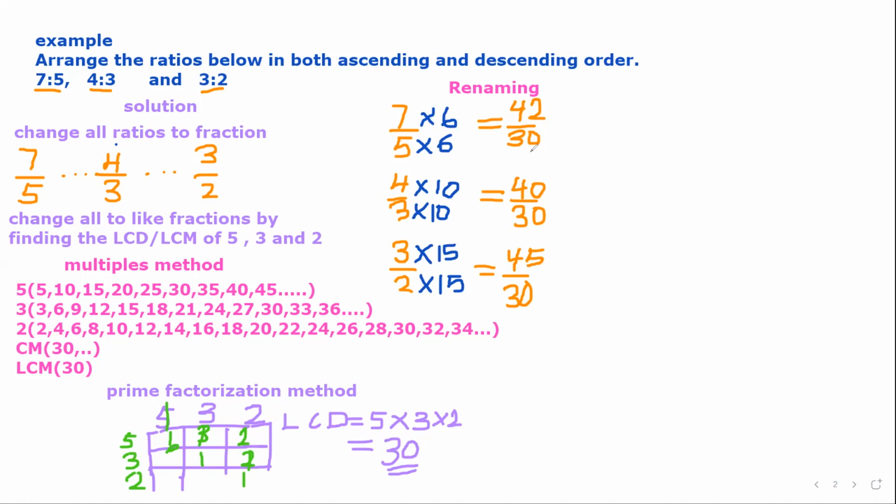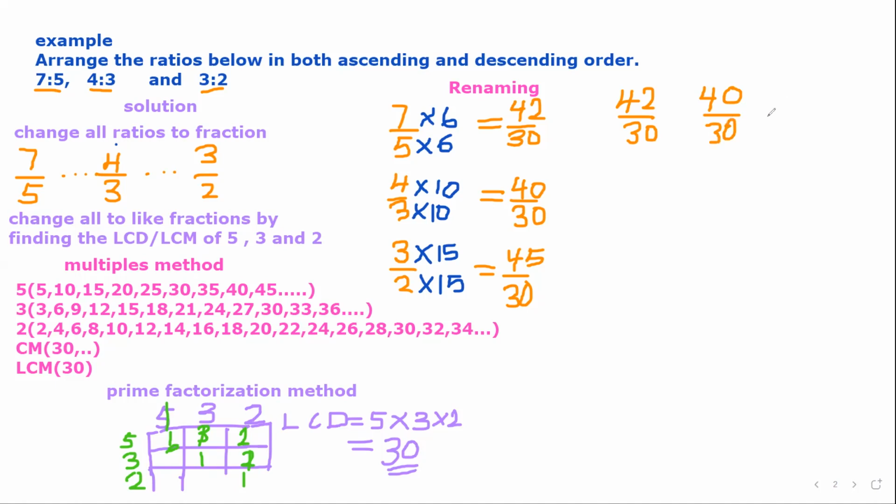Now we have gotten the same denominator to be 30. So therefore our fractions here are 42 out of 30, which is also greater than 40 out of 30.